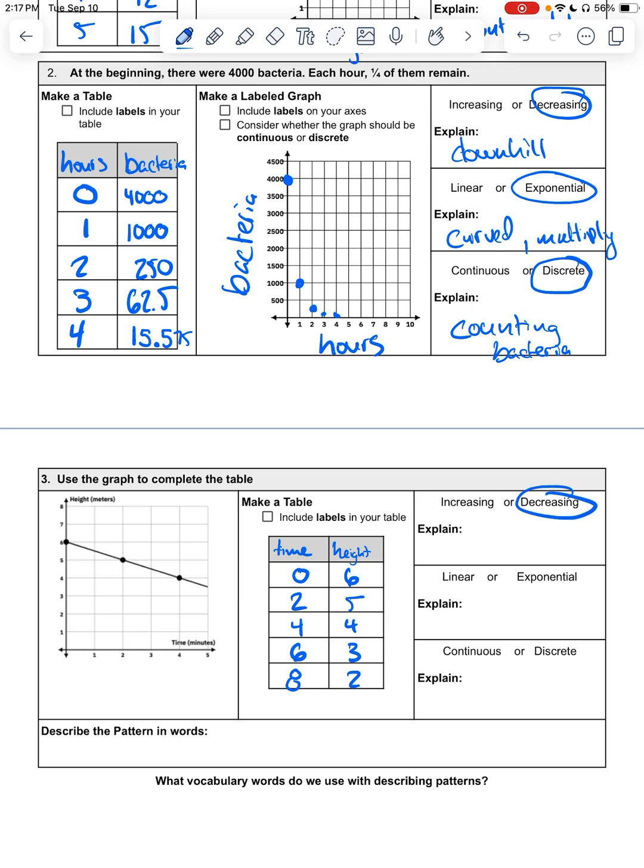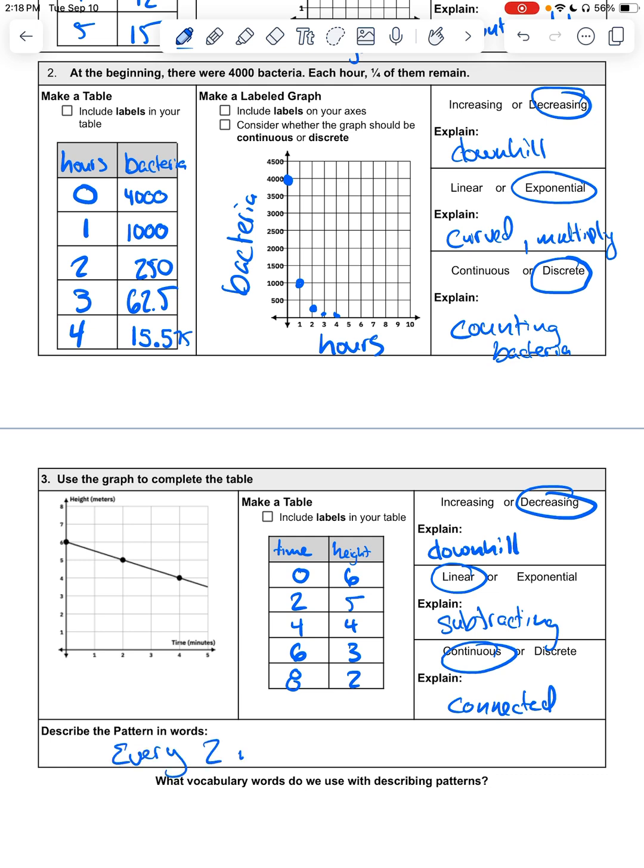This pattern is decreasing because it's going downhill. Or you're subtracting each time. The height is getting less. It is linear because you're subtracting, not multiplying or dividing. And this is continuous because it's connected. So describe the pattern in words.